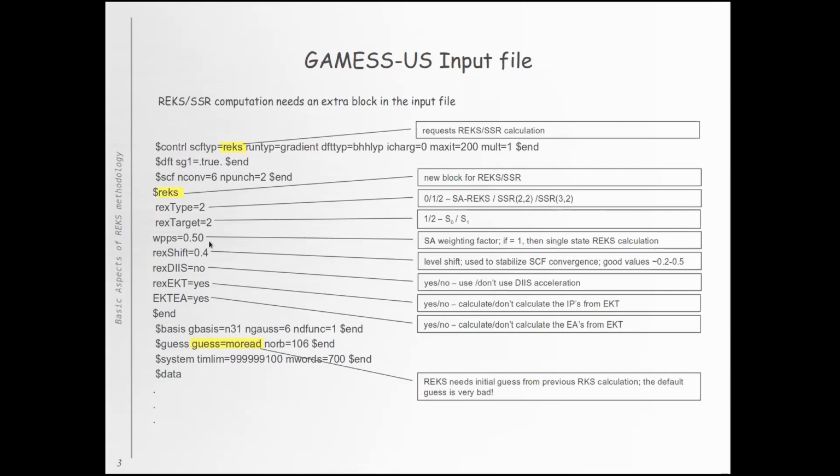The next keyword is Wpps. This is the weighting factor of the perfectly spin-paired state in the state-averaged REKS ensemble. The default value is 0.5, but you can vary it towards 1. I would not recommend setting values smaller than 1/2, because in this case the weight of the excited state will be greater than the weight of the ground state.